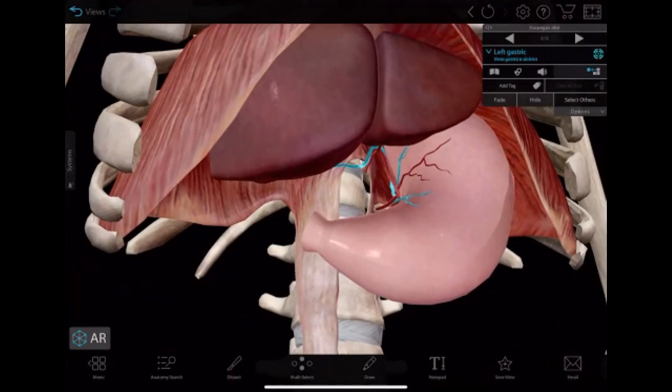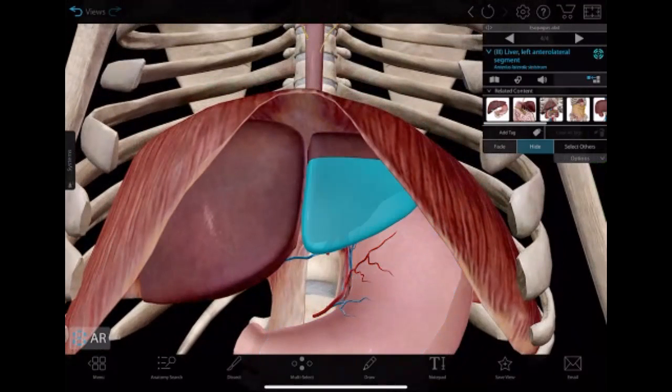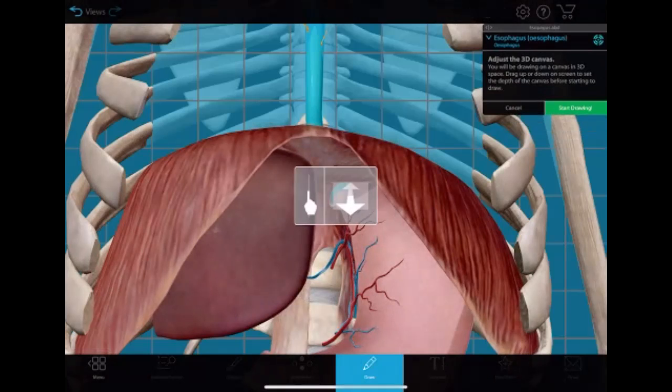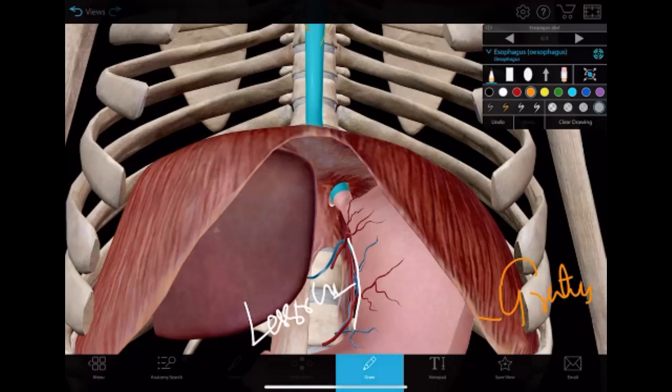This is the stomach. We'll hide again. This is the left lobe of the liver. So the right border is continuous with the lesser curvature of the stomach. This is the lesser curvature, and this one is the greater curvature. So the right part of the abdominal esophagus is continuous with the lesser curvature, and the left with the fundus of the stomach.